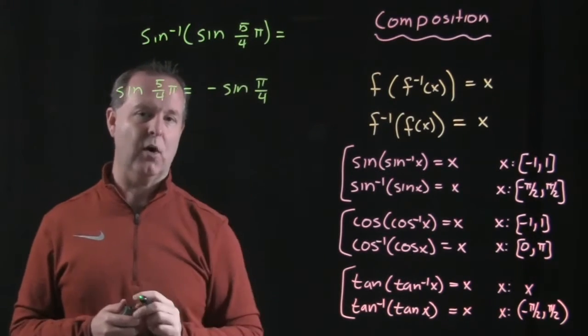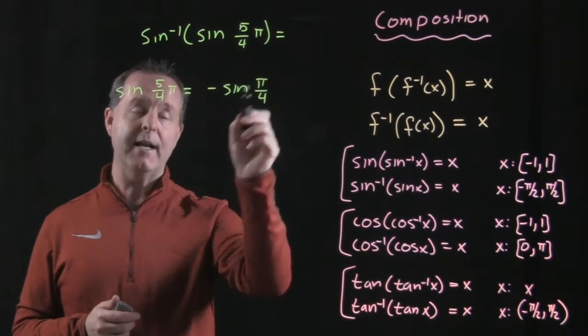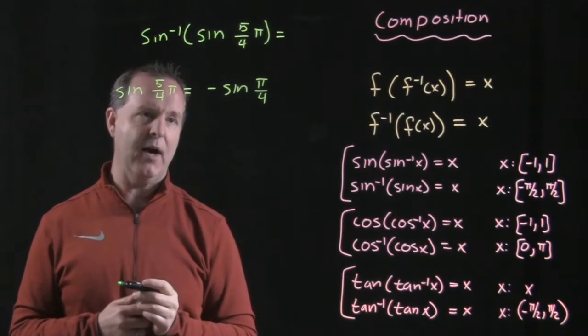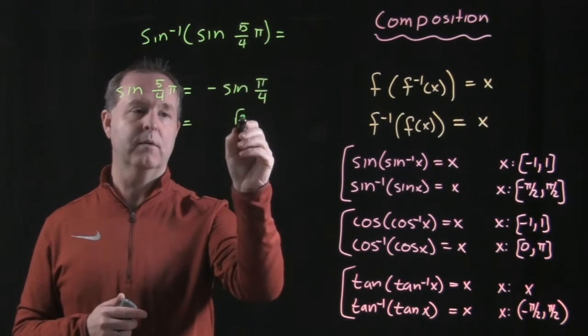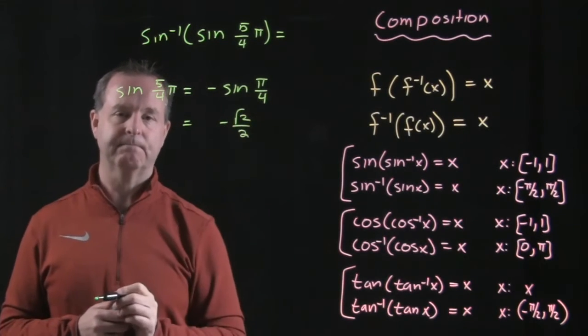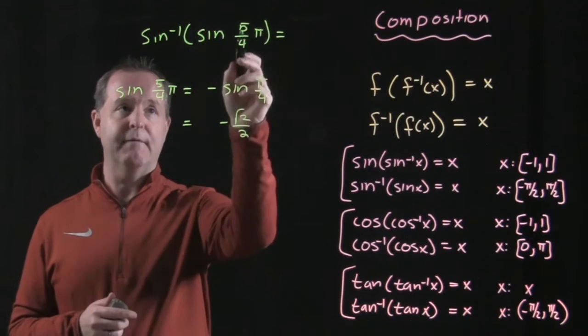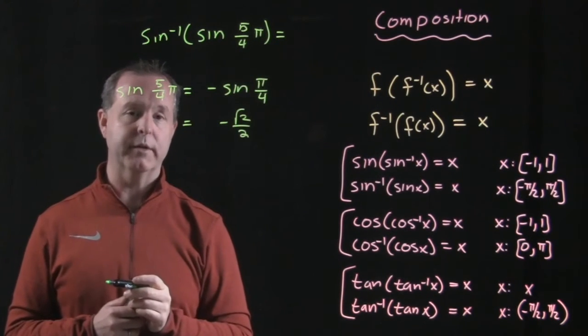These two ideas are the same. From there, we can find the exact value of the sine of pi fourths. Well, that was root 2 over 2, and then I have that negative. So the sine of 5/4 pi has a value of negative root 2 over 2.